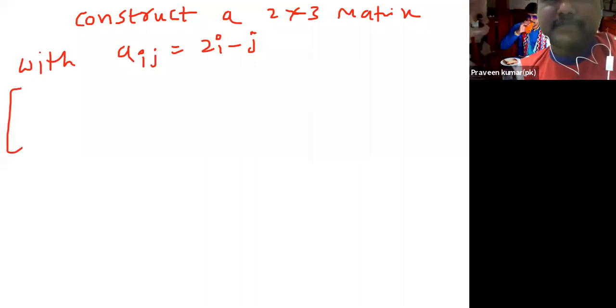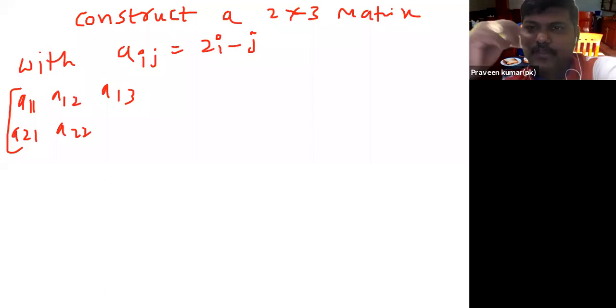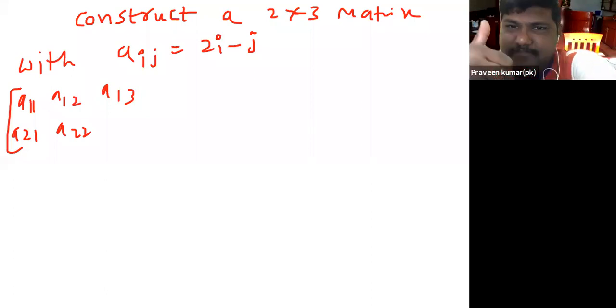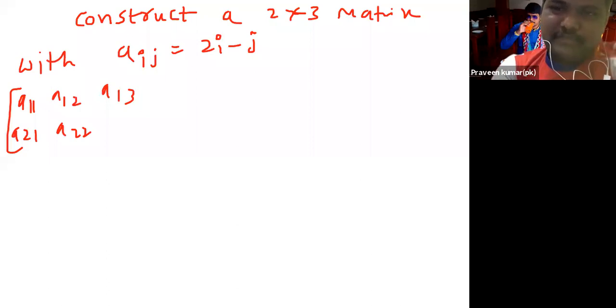2 by 3 means first of all A11, A12, A13, A21, A22, A23.